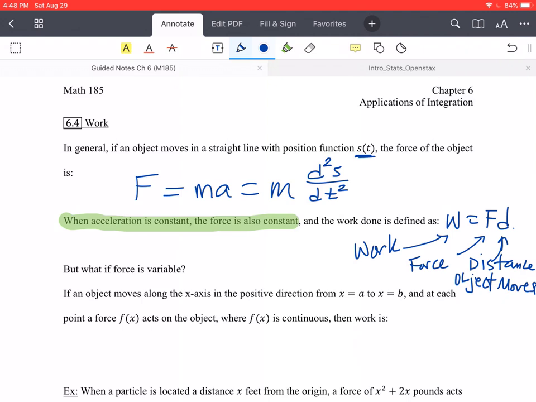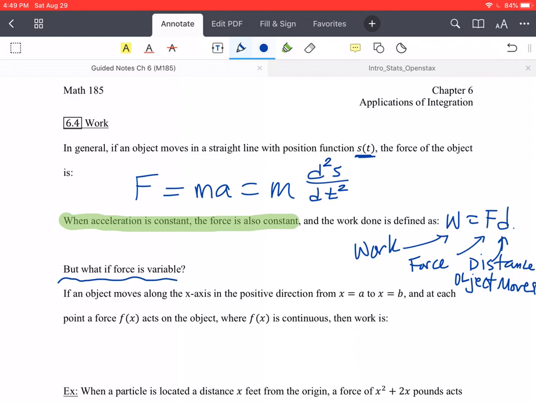But this then begs the question, what if the force was variable, right? What if the amount of force that it takes to do something changes as the object moves? So if we're talking just in a hypothetical scenario, if I'm moving a box across a surface, it's going to take so much work to do it.